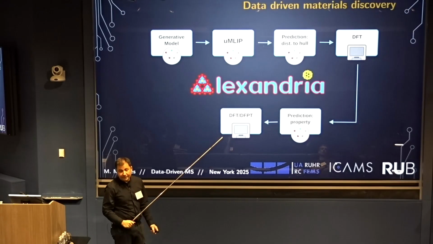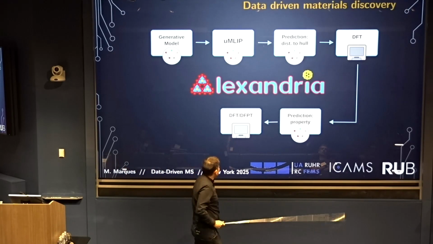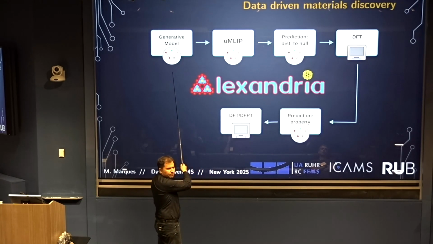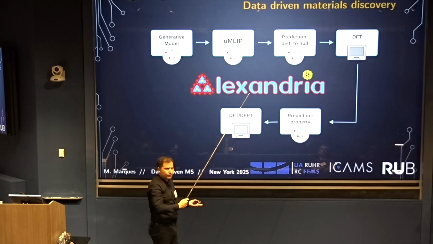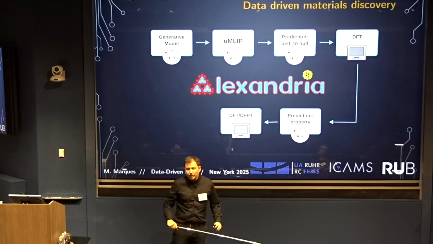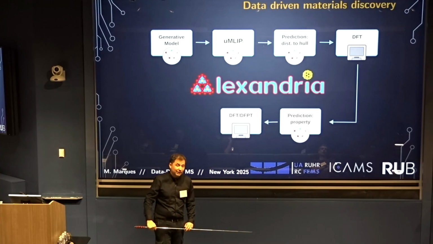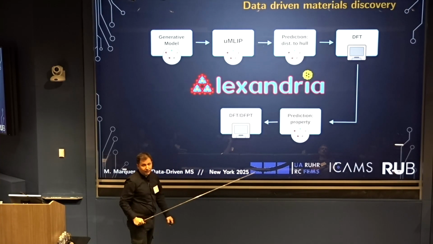So we have to relax them. We could use DFT, but nowadays we are generating around 500,000 compounds a day. If I would like to relax them with DFT, I would certainly not be able to do 500,000 a day. So we resort to another machine learning model.